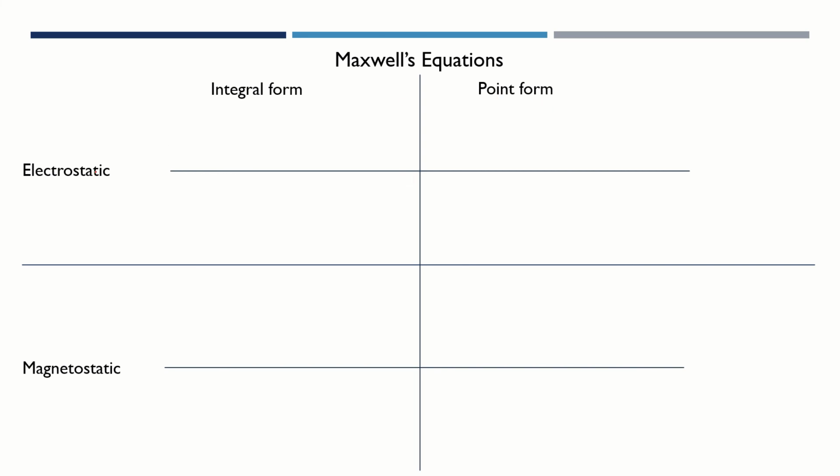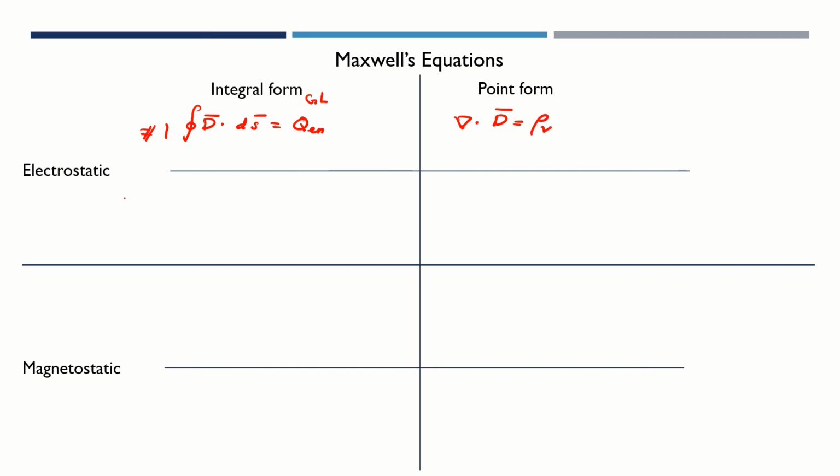So for the electrostatic field, equation number 1, let's recall it together. For the integral form, D dot dS is equal to Q enclosed, from Gauss law. And the point form of this is del dot D is equal to rho v.